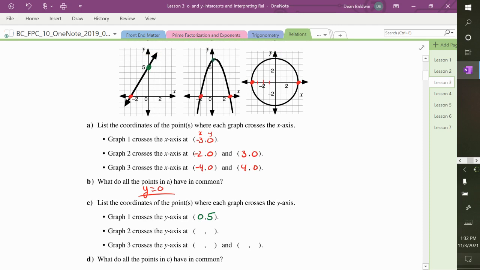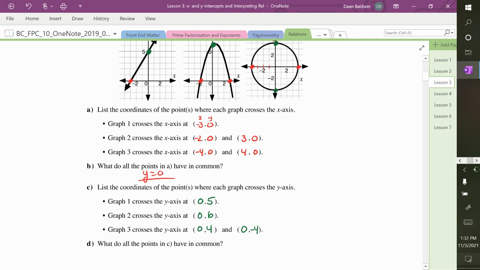The second one, 0, 6. And the last one, these 2 points. Yeah, so 0, 4 and 0, -4. What do all these ones have in common? X is equal to 0. The first is equal to 0.